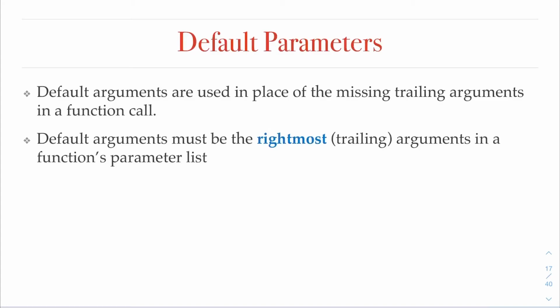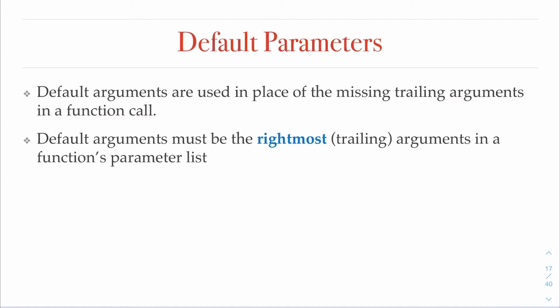Now one important note for you: every default parameter must be put on the right side. It's so obvious, because if you put it somewhere in the middle, and then during the function call you ignore that parameter, there is ambiguity in the function call.